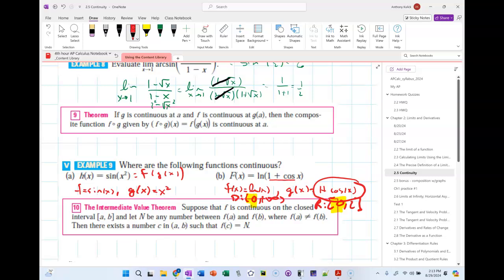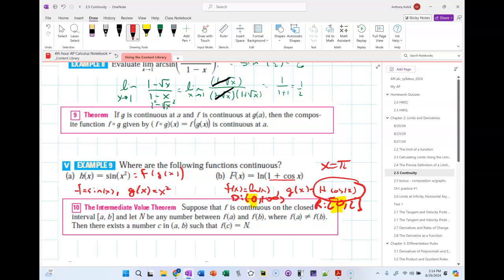What value of x is going to make 1 plus cosine x equal to 0? Give me 1. How about pi? Right? Cosine of pi is negative 1. 1 plus negative 1 is 0.